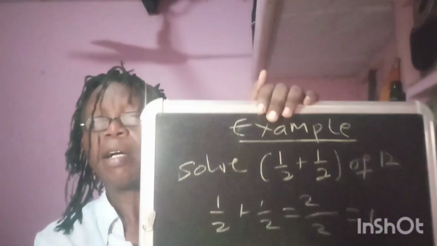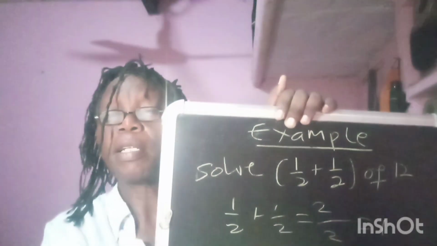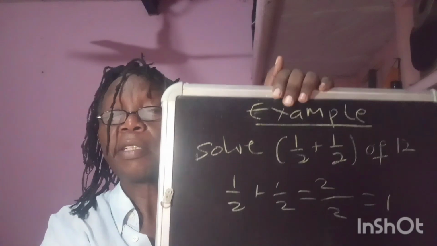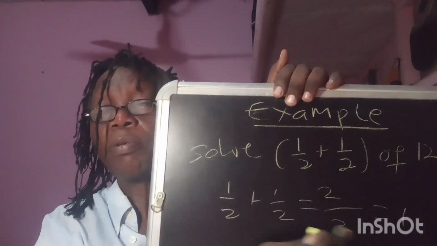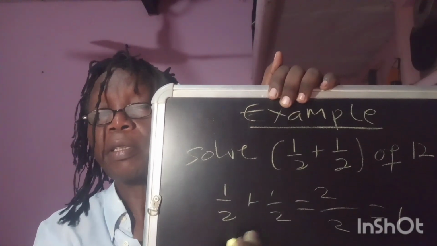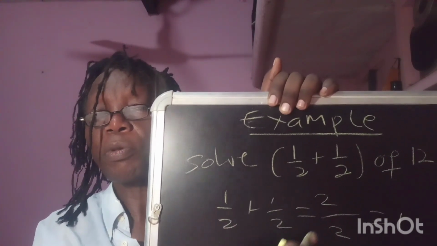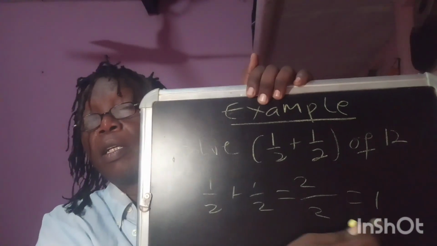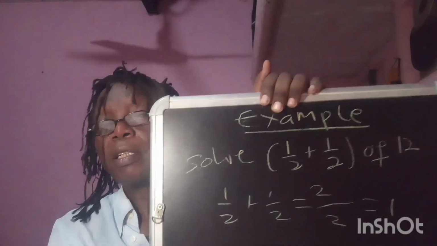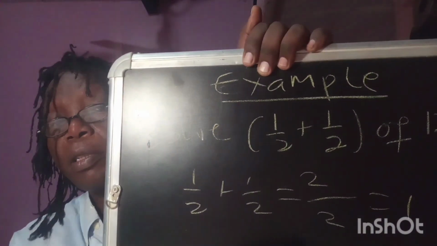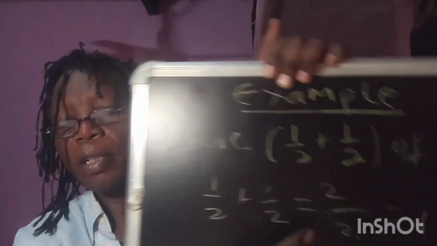Let me write it down. 1/2 plus 1/2 is equal to 1, because the least common denominator here is 2. 2 goes into 2 once, plus 2 goes into 2 once. That's 1 plus 1, which is 2 over 2, equal to 1. Because you're actually dividing. If you have some maths, you know what this means.